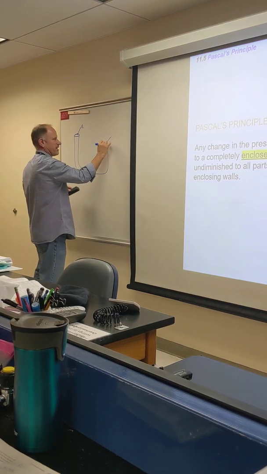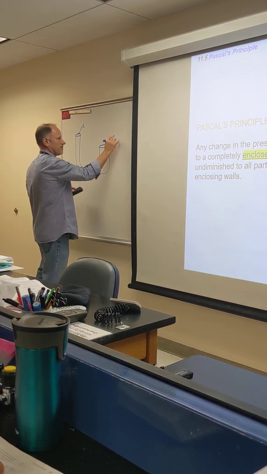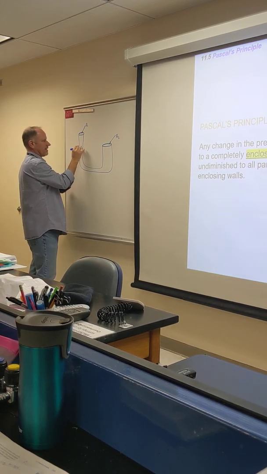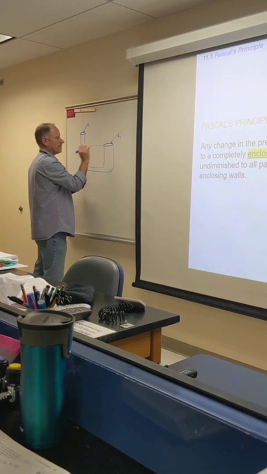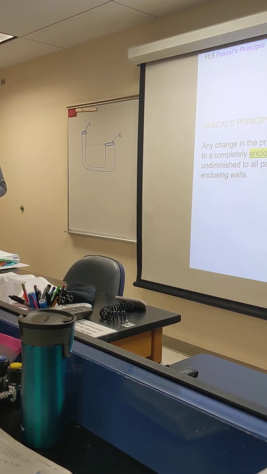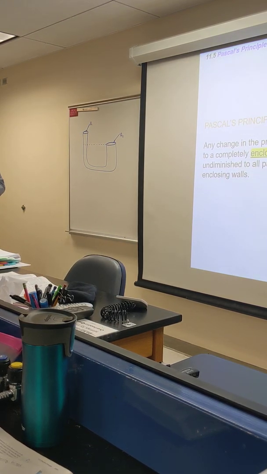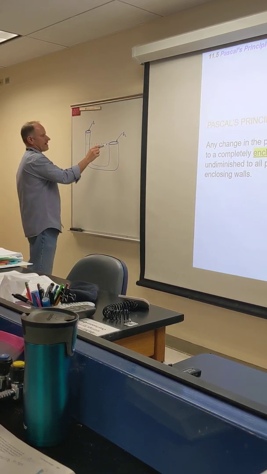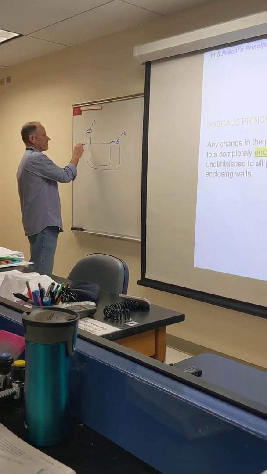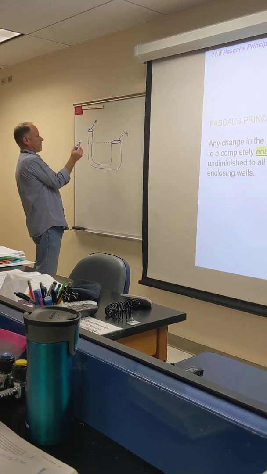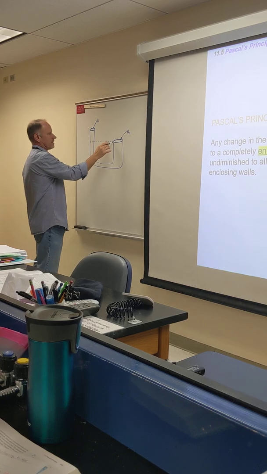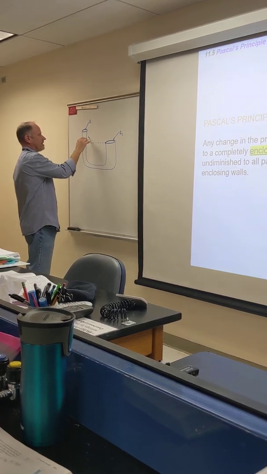And this is still A2. But now, there's a difference in height between the two things. Okay. I do know that these two pressures are identical. Okay. So these two points are the same. Call this H.